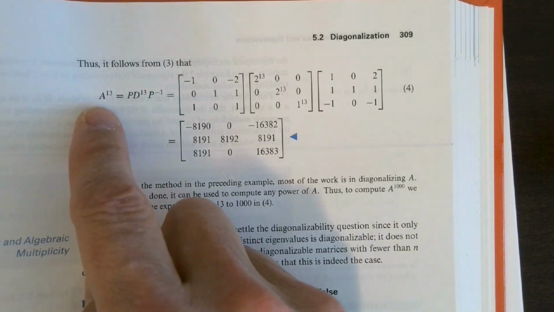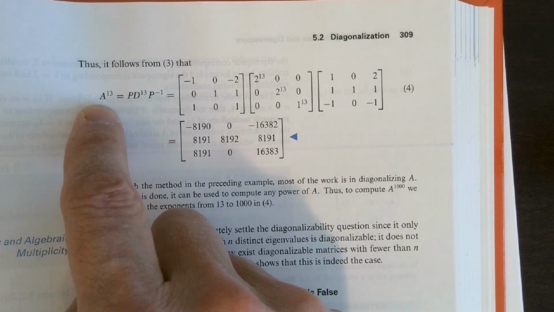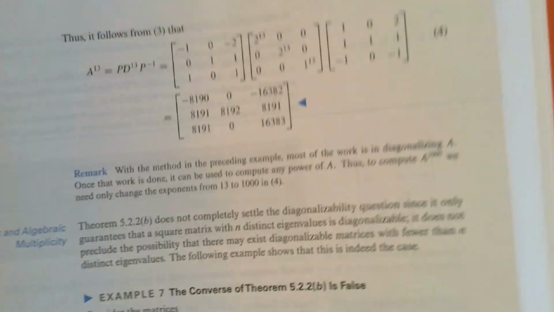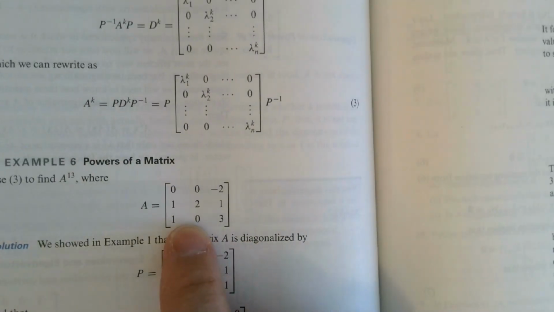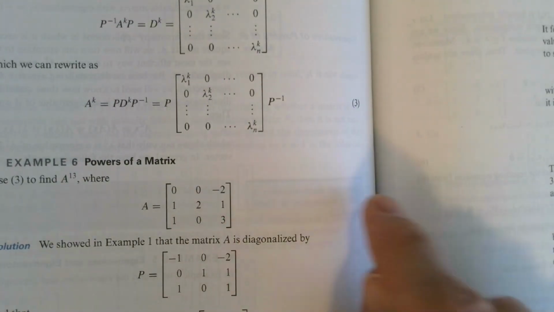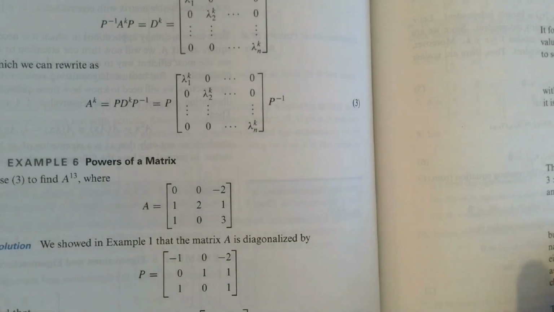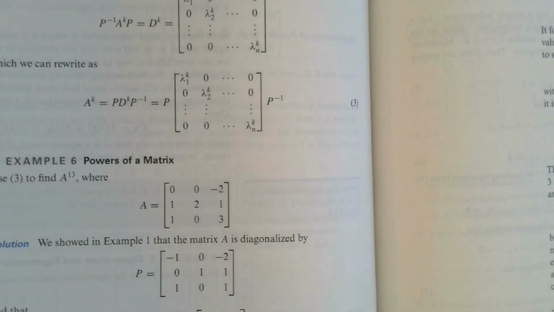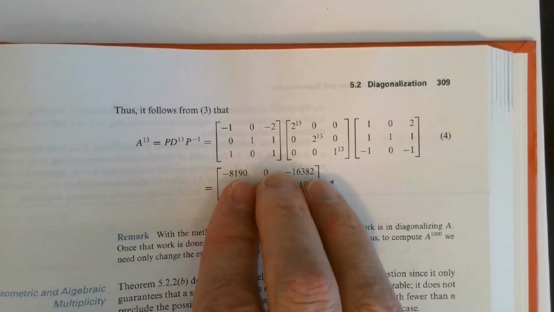But think about if you just computed A to the 13th power by itself. Go back to this matrix A over here. That would be this matrix A times itself 13 times. You'd have to multiply 13 3x3 matrices together. And that's a lot more than just multiplying 3 matrices together.